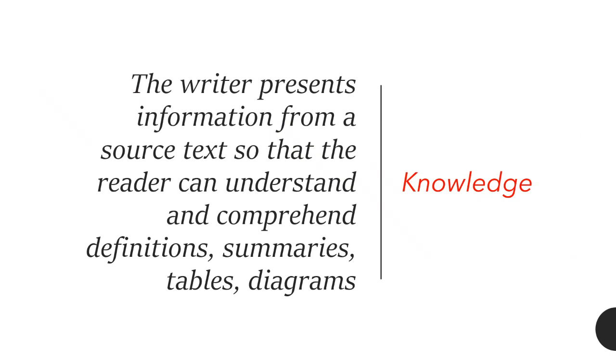So we often say we write for knowledge. So if the writer presents information from a source text so that the reader can understand and comprehend, for instance, definitions, summaries, tables, and diagrams, we are working on a knowledge level.